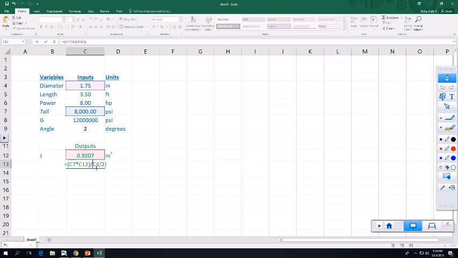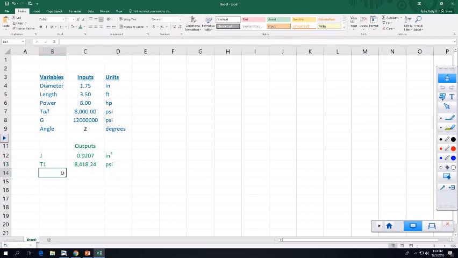Parentheses around the diameter divided by 2. Enter. So 84.18, and that's going to be in PSI. Then I'm going to do torque. No, it's not. It's in pound inches.